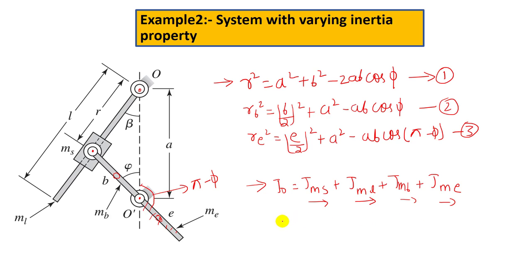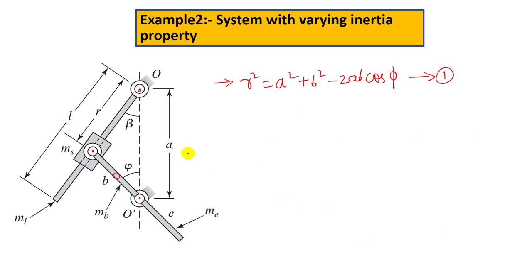Now, if we look at this first block, it is simply a rectangular block with a CG location at L by 2, and that CG location is not going to be affected by a change in phi. So we can first write J_ml is equal to m L square by 12 plus m into (L by 2) square, and that gives us m L square by 3.